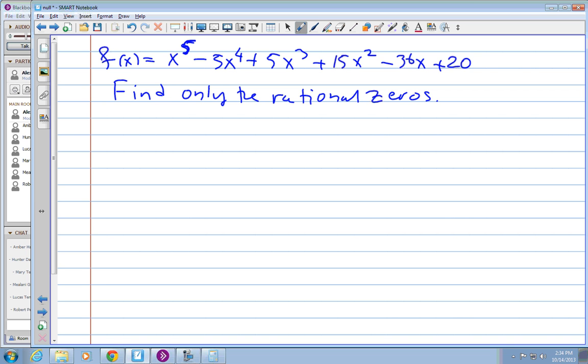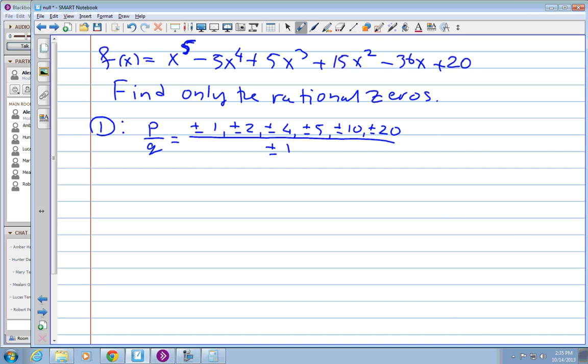Again, we should always start with the list of all possible rational zeros. In this case, since your leading coefficient is just 1, your possibilities will just be the factors of 20. You're dividing by 1: plus or minus 1, plus or minus 2, plus or minus 4, plus or minus 5, plus or minus 10, plus or minus 20, over plus or minus 1.